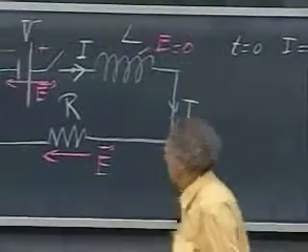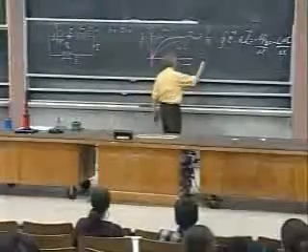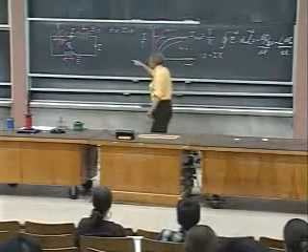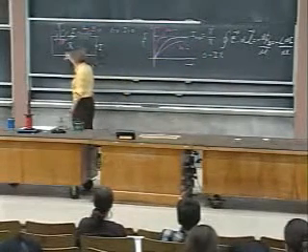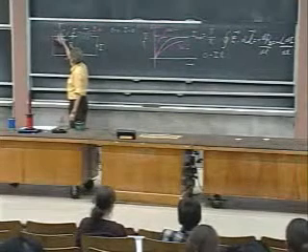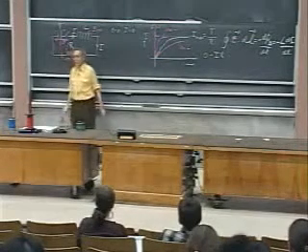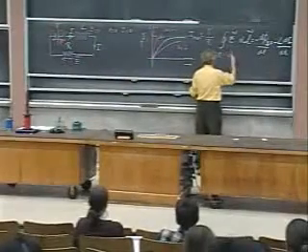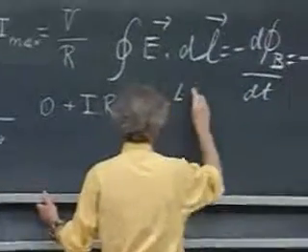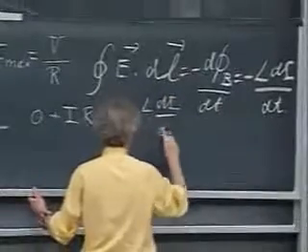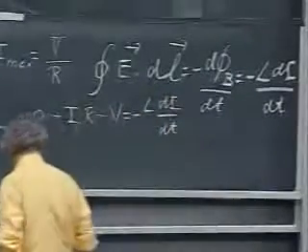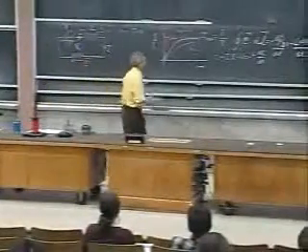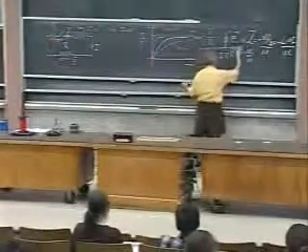Now I go through the resistor, and so now I get plus IR. E and dl are in the same direction. Ohm's law tells me it's IR. In the battery, I go against the electric field, and so I get minus V. That now equals minus L dI dt. And this is the only sane and the only correct way to apply Faraday's law in this circuit.